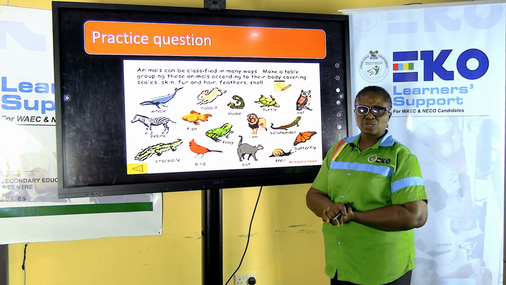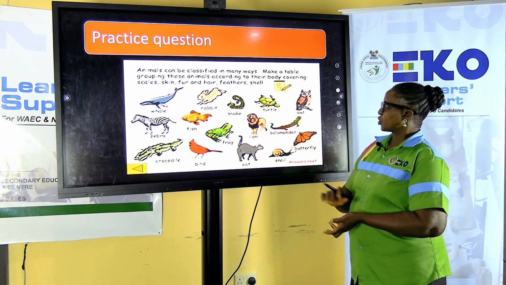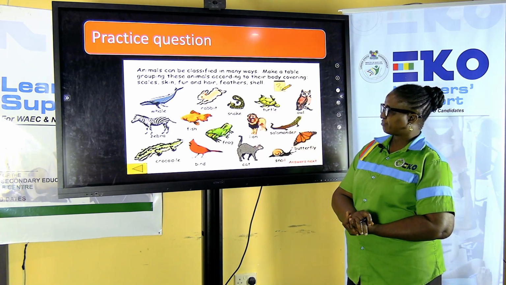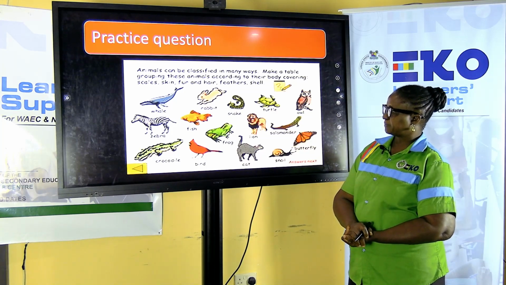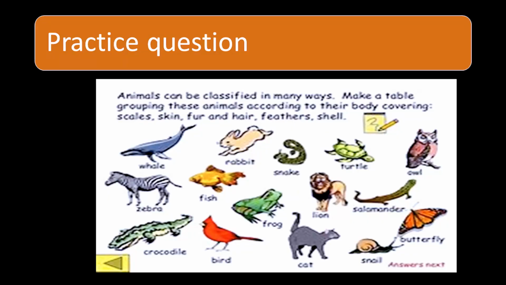So with what we have studied today, looking at the screen, I have an exercise for you. Let's read together. Animals can be classified in many ways. Make a table grouping these animals according to their body covering. And what are the body coverings?